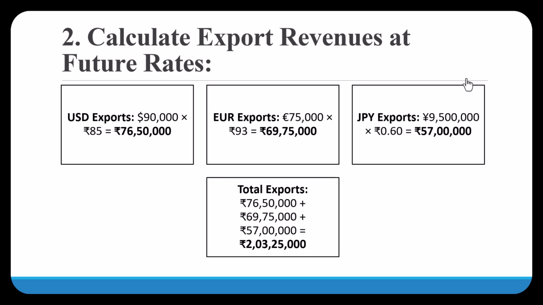Whereas exports, if we do that, come to 2 crore 3 lakhs, which is $90,000 into 85, 75,000 euros into 93, these are the future rates, and Japanese yen into 0.60. So it gives you 57 lakhs. So overall it comes to 2 crore 3 lakhs.